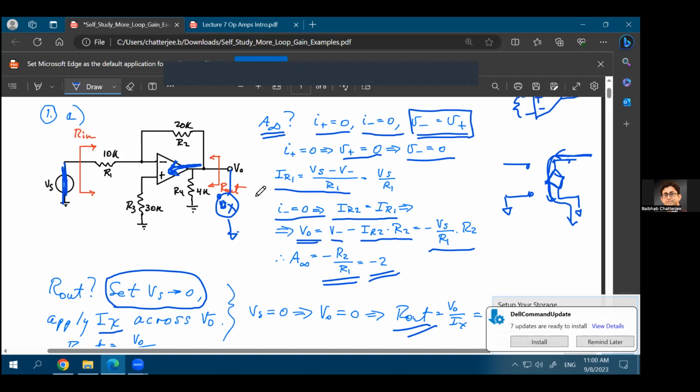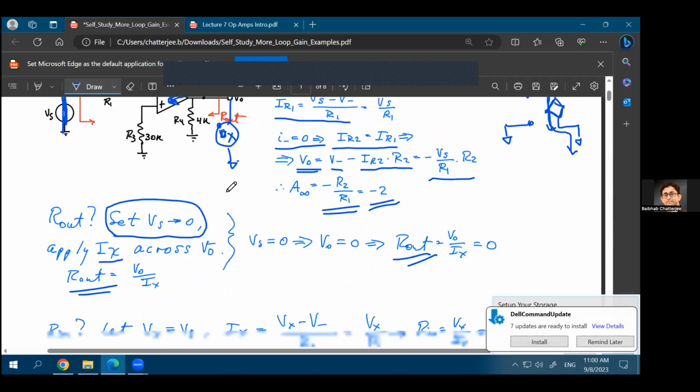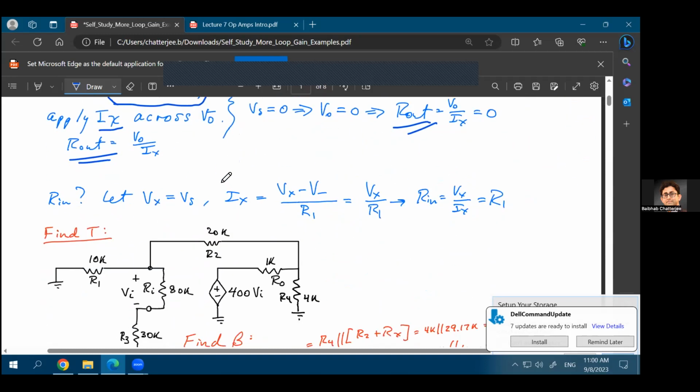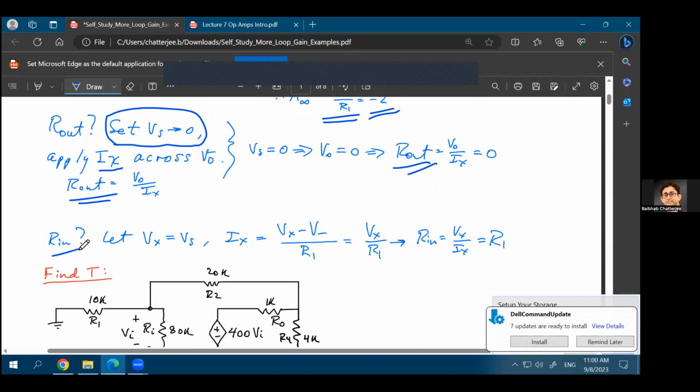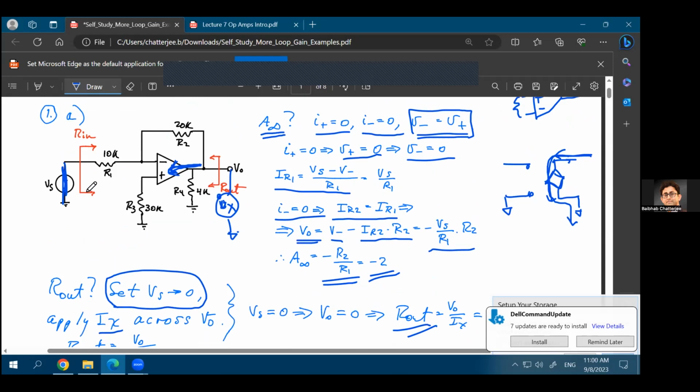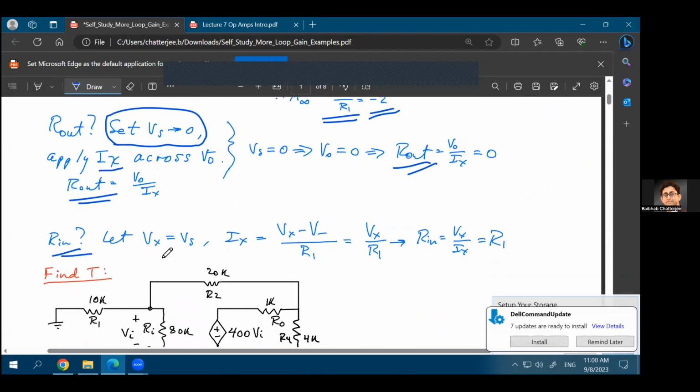Yes, that's right. When we go to the next part, I think we are calculating RN as well. So, how do you find RN? For that, you'll connect a voltage source at the input side. So you're connecting your Vx at the input side.